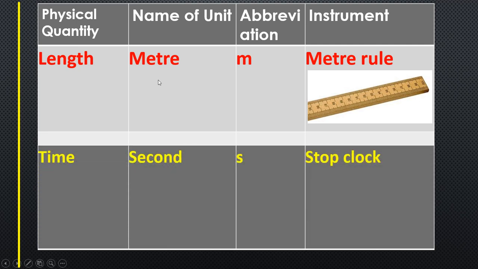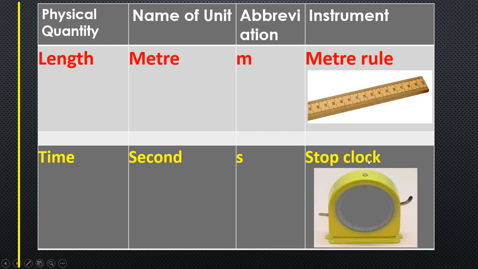Another quantity in the SI units is time. The SI unit of time is the second, and the abbreviation is s, and you can measure it using a stop clock, a stopwatch, or a watch. All those are instruments which measure time.